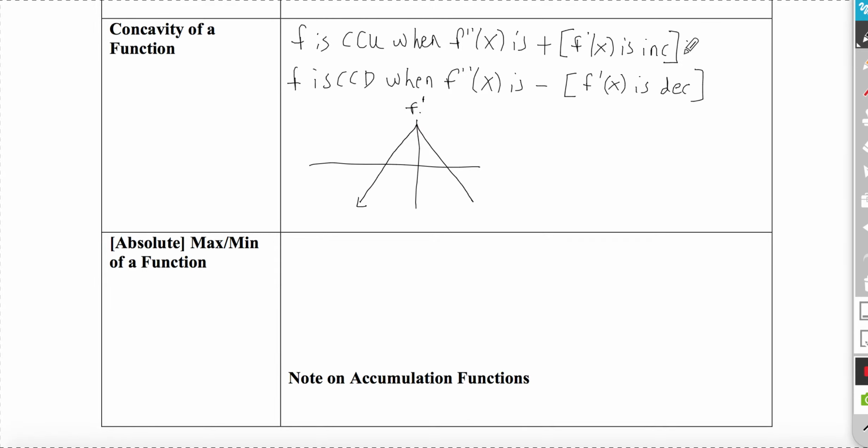And I'll write that down. That would be how we would word that. And then from 0 to infinity, since f prime is decreasing, our original graph is concave down.